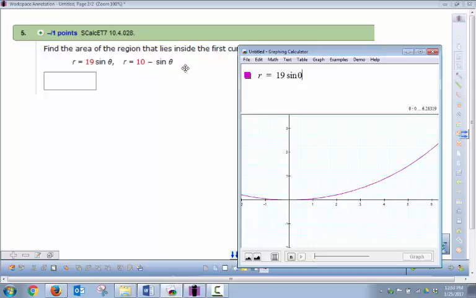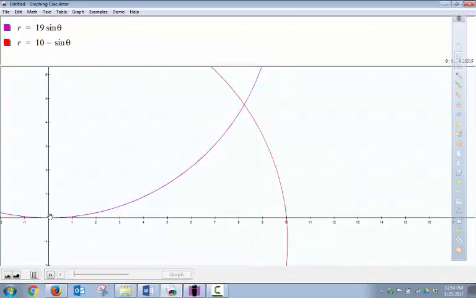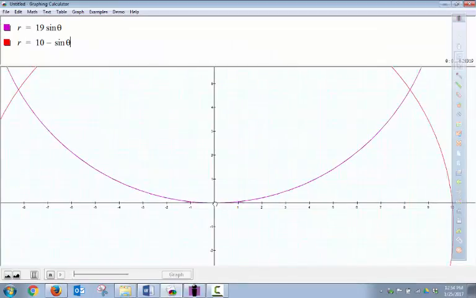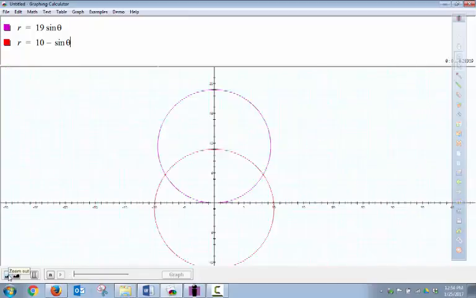The nice thing about this particular graphing calculator program is that I can adjust the window quite easily, so I can zoom in and out to get a better idea of how this thing is going to look.